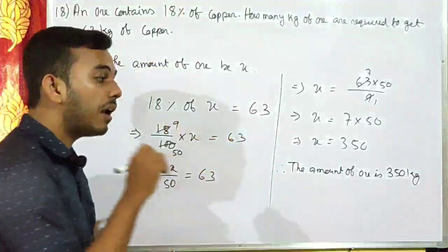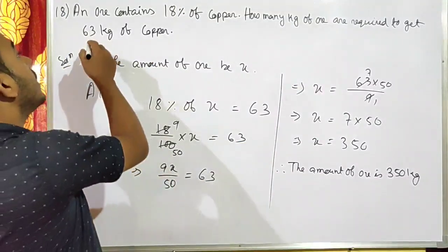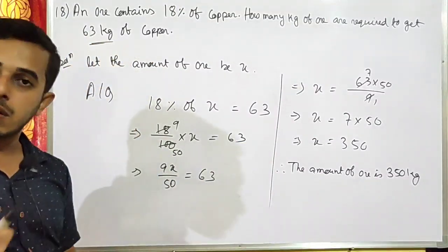From 350 kg of ore we will get 63 kg of copper.